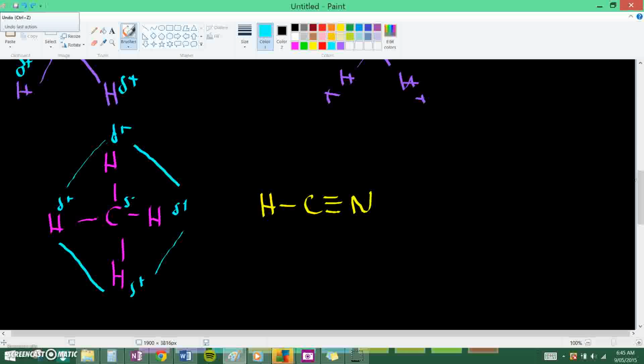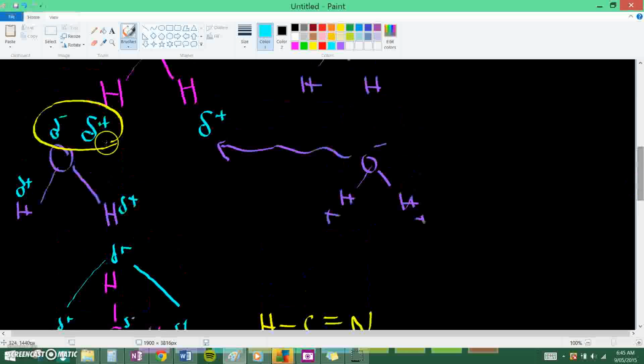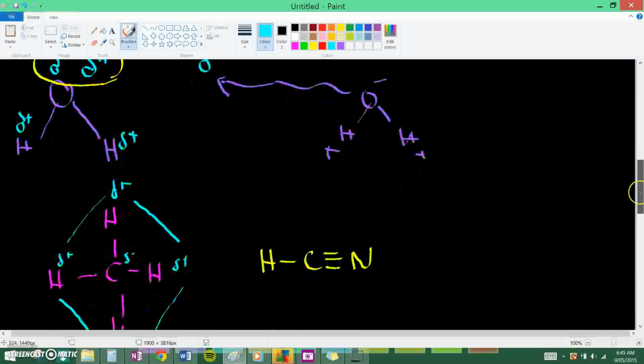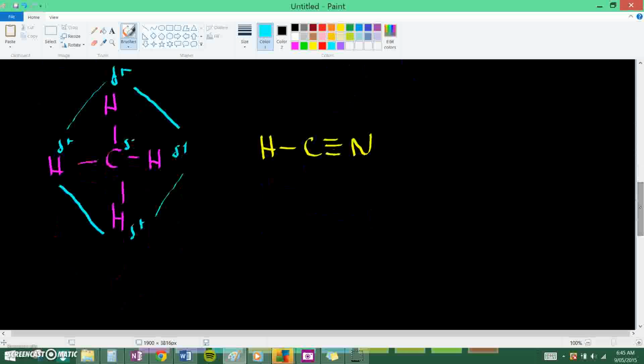So this is what we call a dipole-dipole moment. The same thing happens as here, it's just that it's not as strong. To be in a dipole-dipole bond, it must be asymmetrical. See how there's 3 here and there's 1 here? That's what makes it uneven.